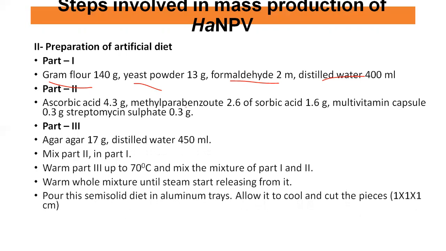Okay, so what is the procedure required for preparing the artificial diet? Firstly, in part 3, agar agar 17 gram, distilled water 450 ml. First mix part 2 into part 1. आपल्याला काय करायचं, हा पार्ट 2 ला पार्ट 1 मध्ये मिक्स करण्याची गरज आहे.